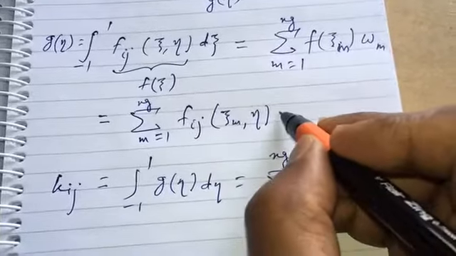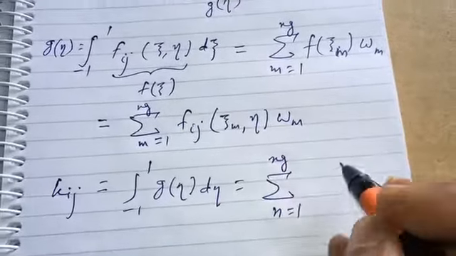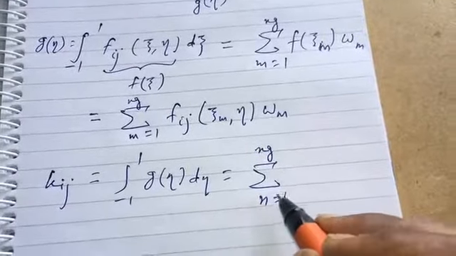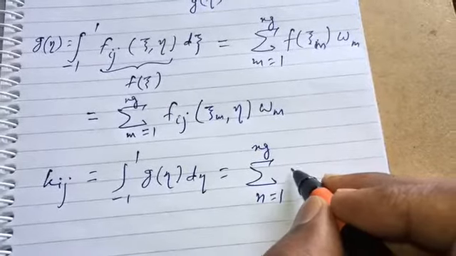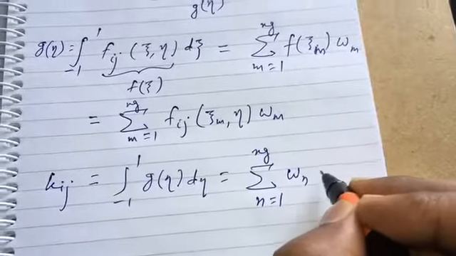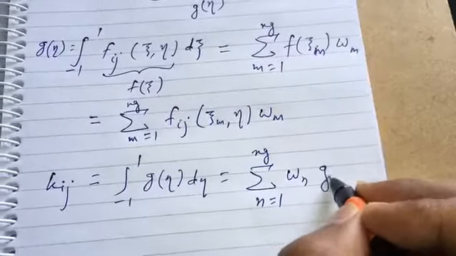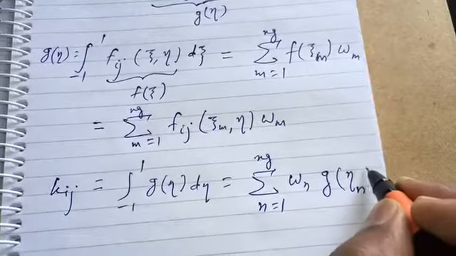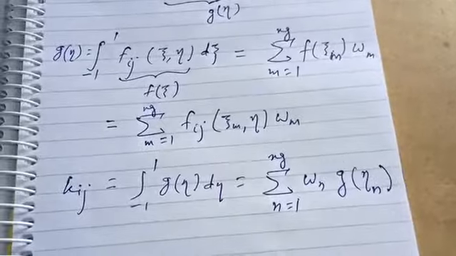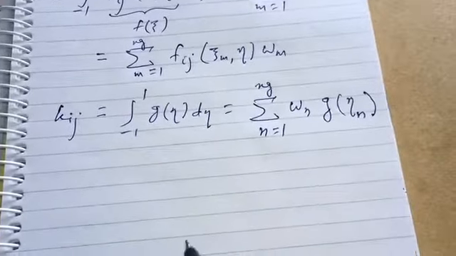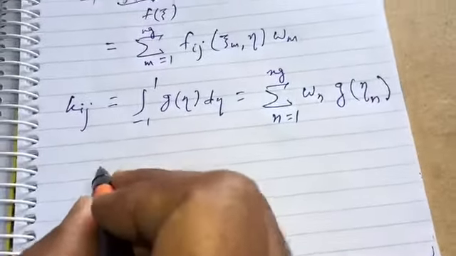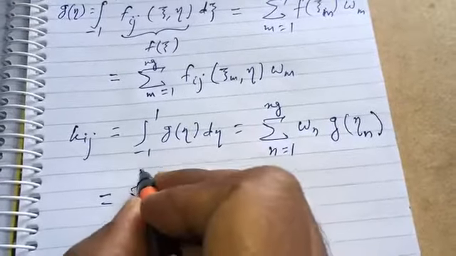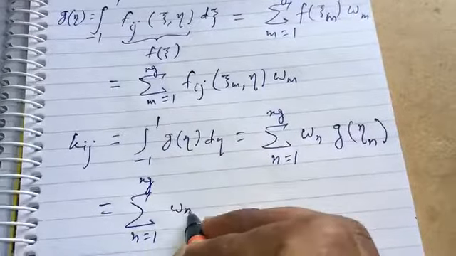So here also there will be a weightage function multiplied. Here we will have w_n, a weightage, multiplied by g of eta evaluated at the nth point, which is equal to the summation n equal to 1 to ng of w_n g of eta_n.